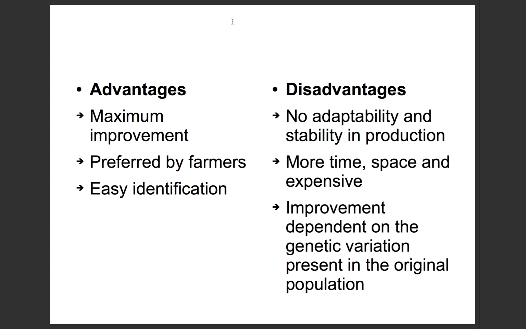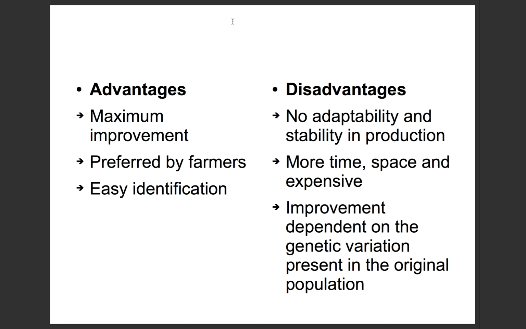Now, if we go with the disadvantages of pure line selection, the varieties developed through pure line selection generally do not have wide adaptation and stability in production that which is possessed by local varieties from which they are developed.